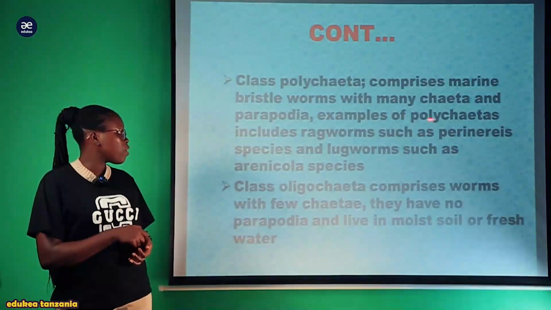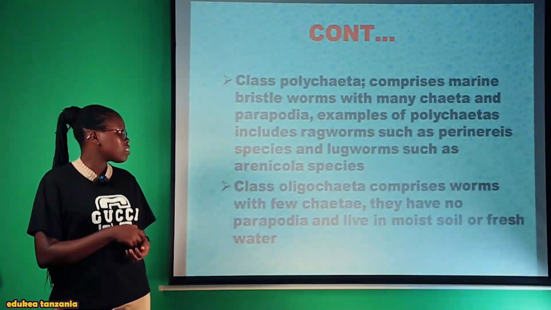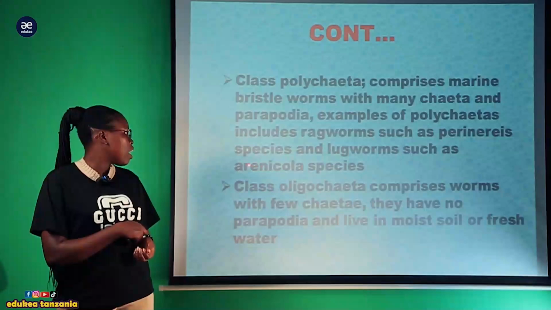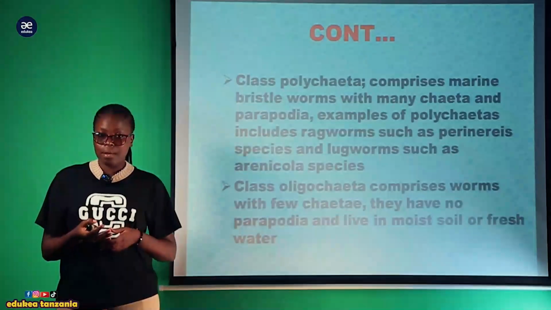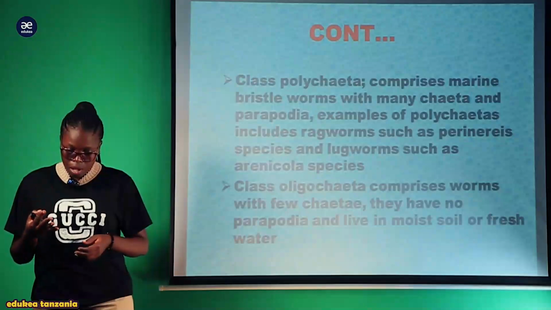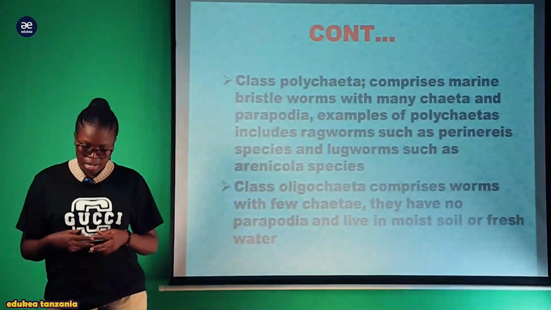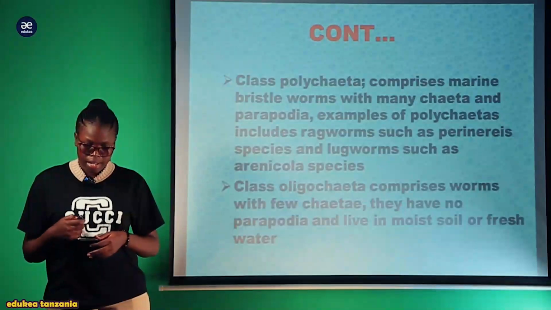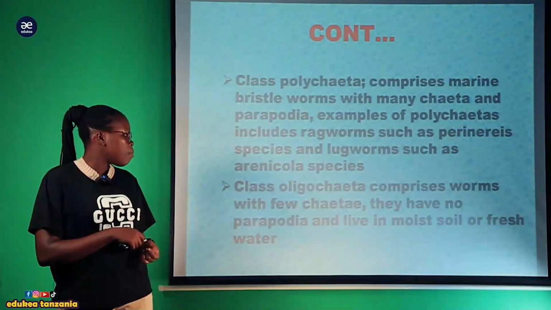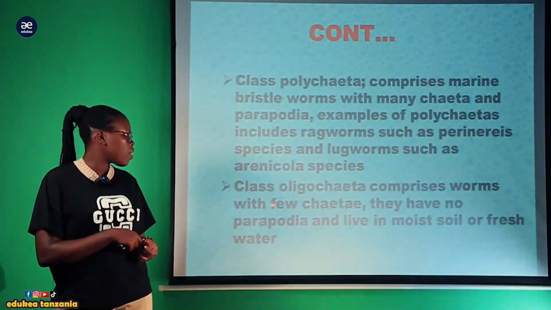Some examples of Polychaeta include ragworm, such as Perinereis species, na lugworm such as Arenicola species. Nyingine ni klasi Oligochaeta, ambapo tuna comprises worms ambao wenyewe wanakuwa na few chaeta.